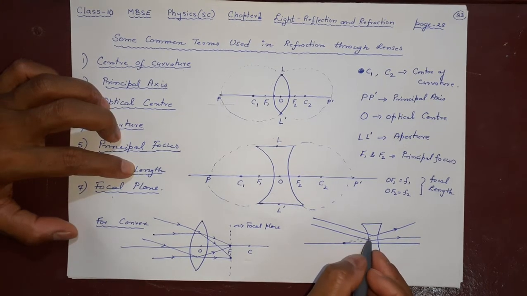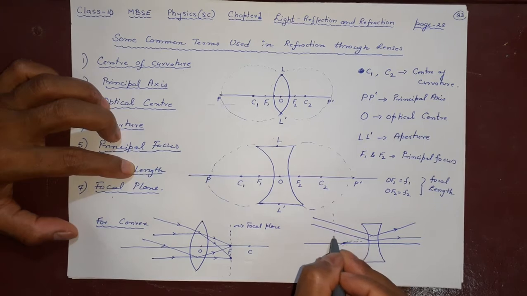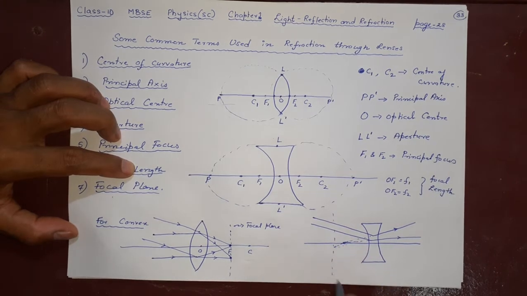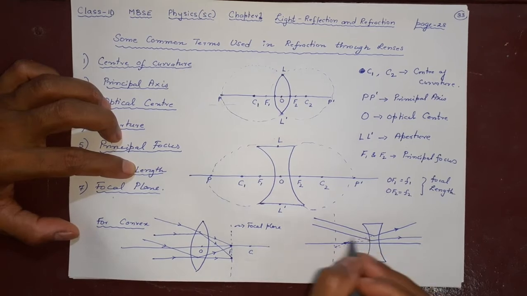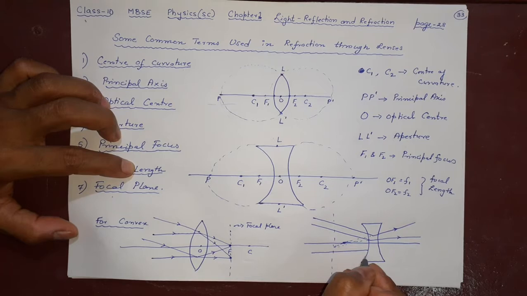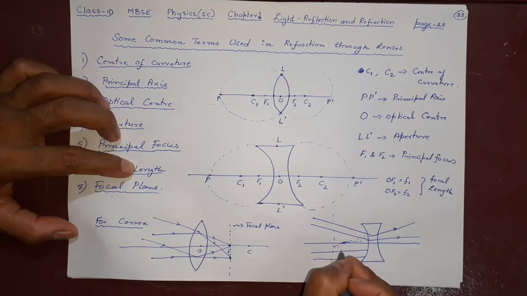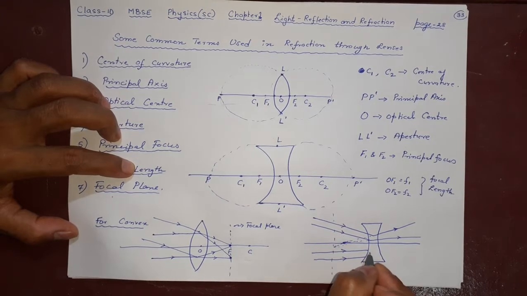Now similarly, if I draw two more lines, here it will meet when the line is parallel. Suppose this is the parallel line. Now what will happen?